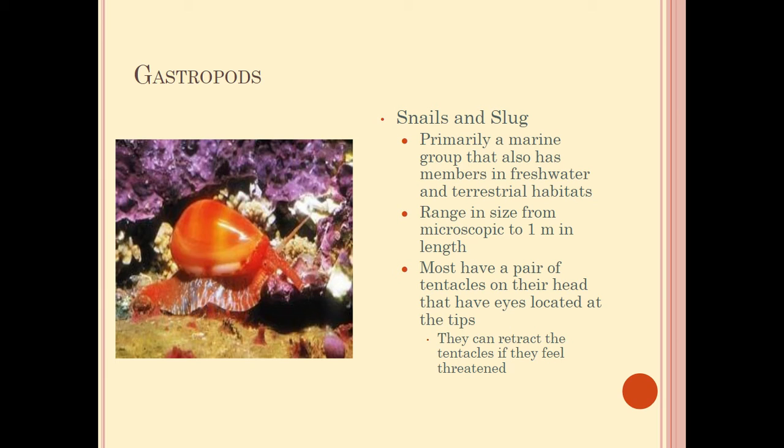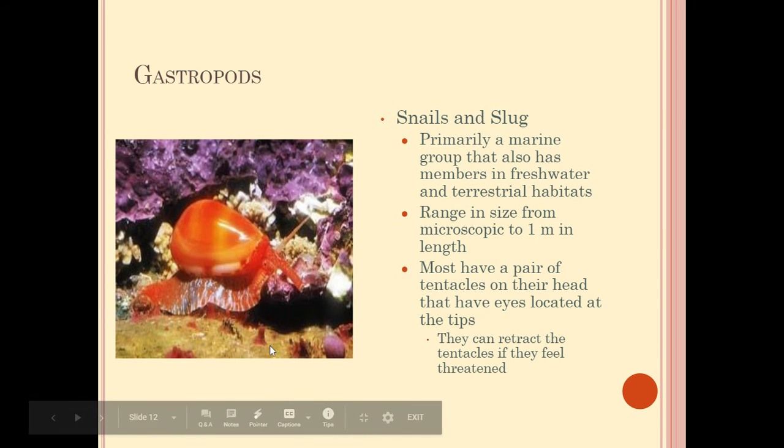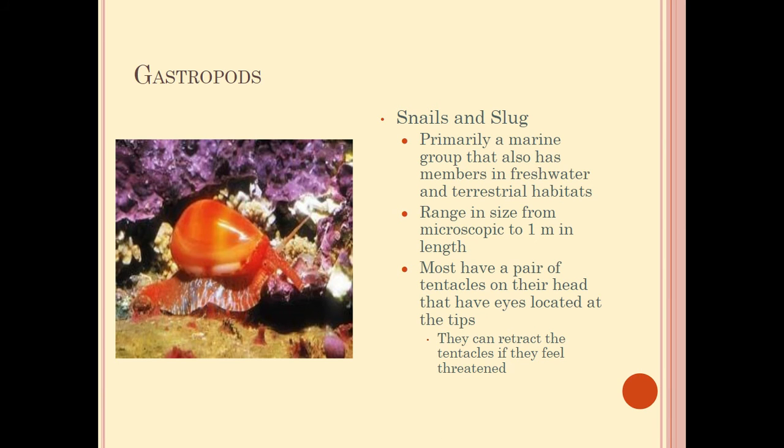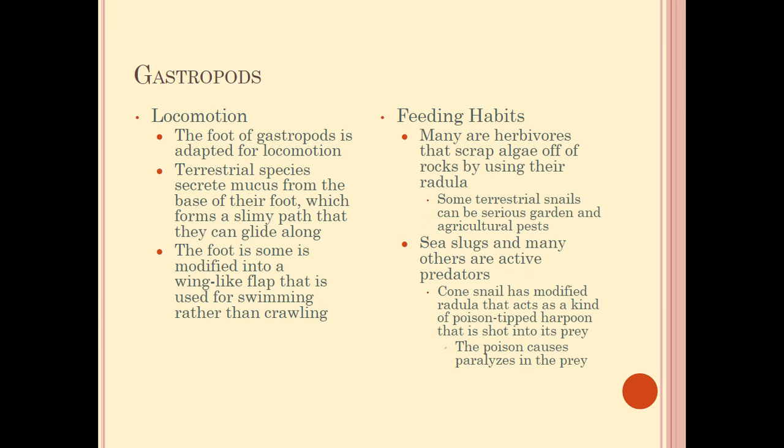And then this is the foot here, and then we'll have our mantle right underneath of this hard shell. They can react to things when they feel threatened and actually go right back into that shell or crunch up. And so they have to be, again, in water for gas exchange. Their locomotion is through that foot that we just saw.